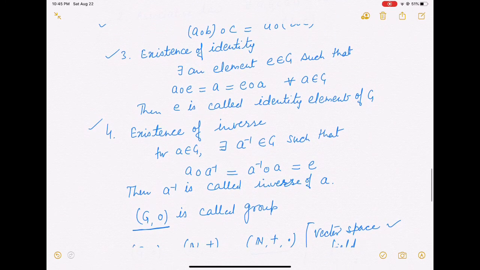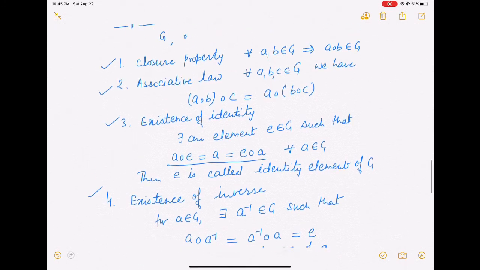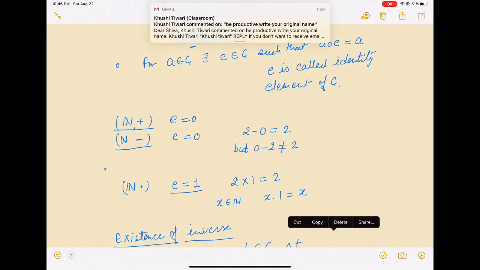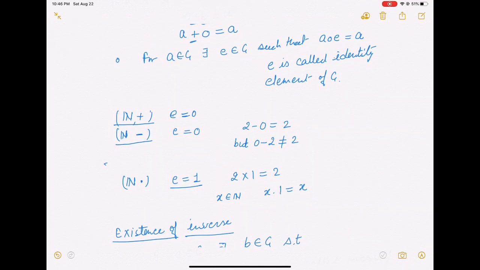Now here you can see we write the identity property like that: A operated on E gives you A, and E operated on A gives you A. When we are dealing with N with the operation minus, and we are looking for the identity element, which operation gives you the identity element here? 2 minus 0 gives us 2. But 0 minus 2 doesn't give us 2.